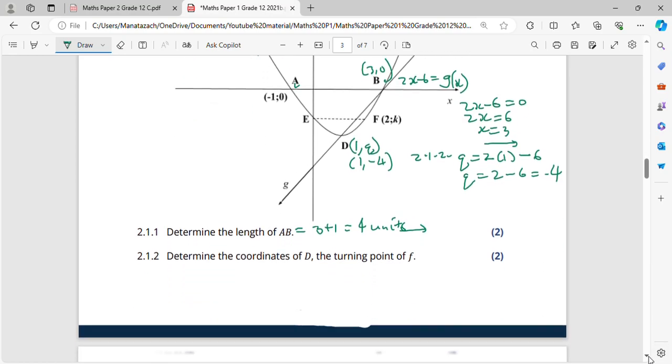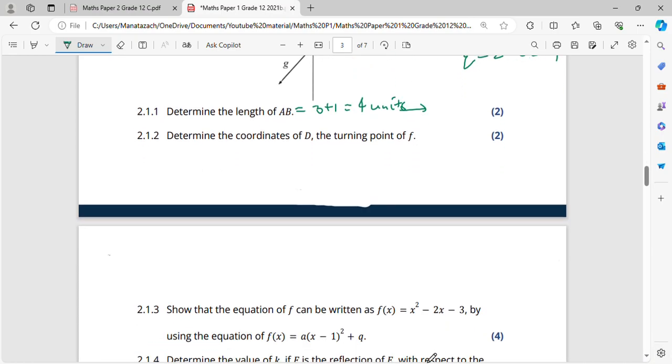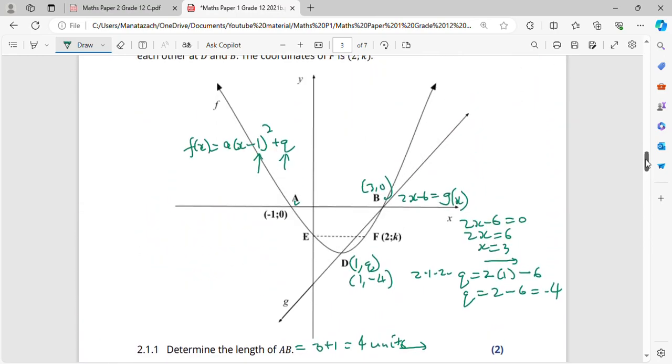Then let's look at the following question. Show that the equation of f can be written as x squared minus 2x minus 3 using this equation. Okay, first of all, going back up onto our graph, I'll write 2.1.3 over here.